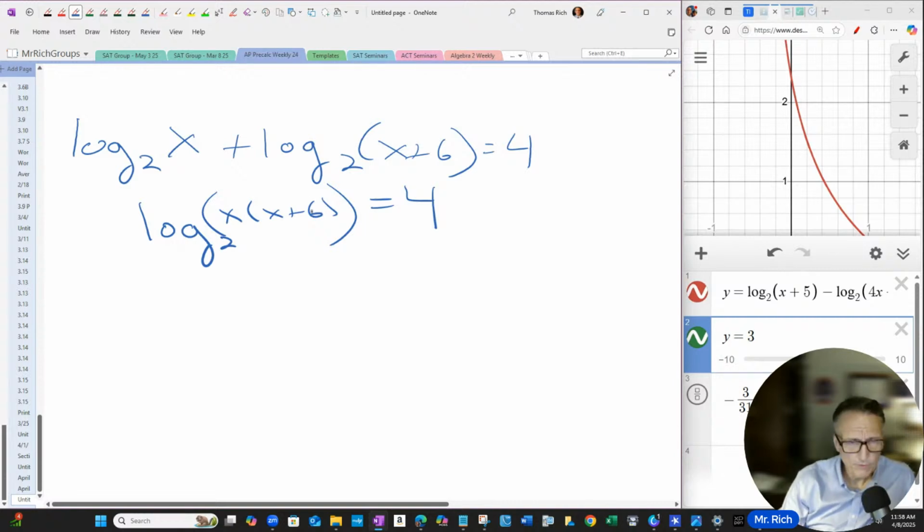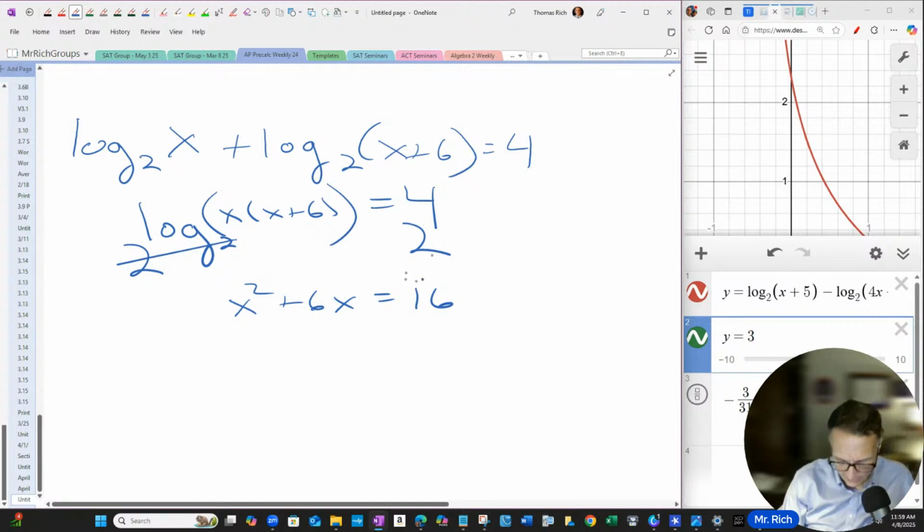Now I'm going to exponentiate with a power 2 on both sides, so I can cancel that log base 2. This is going to give me x squared plus 6x equals 2 to the 4th, which is 16. So this results in a quadratic that I'm going to solve by moving that 16 over.